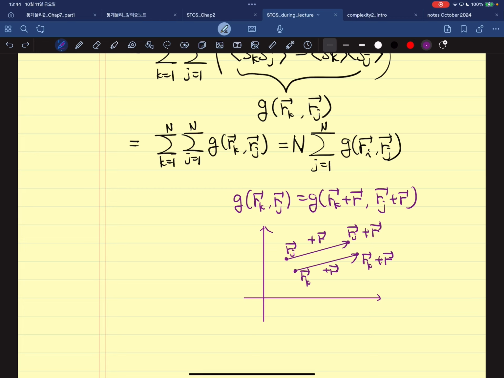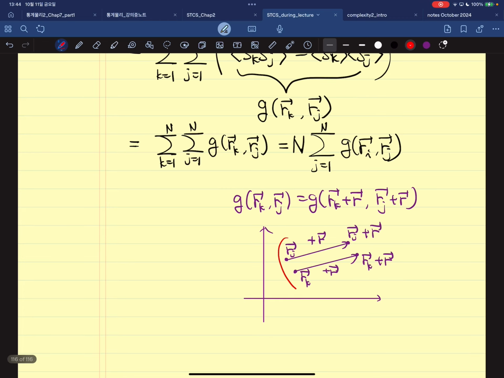The question is whether the correlation between these two and between these two are the same. Of course, in general, it can be different, but as I already mentioned, when we are dealing with a very large system size, or even the periodic boundary condition or the thermodynamic limit where N goes to infinity, then these should be the same.